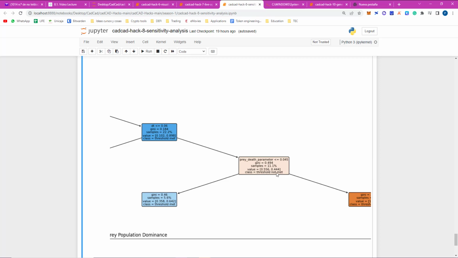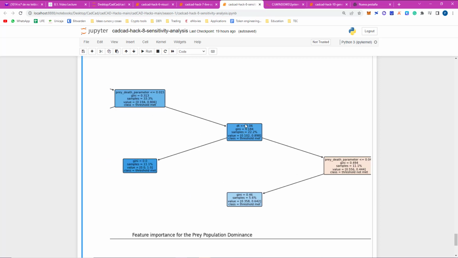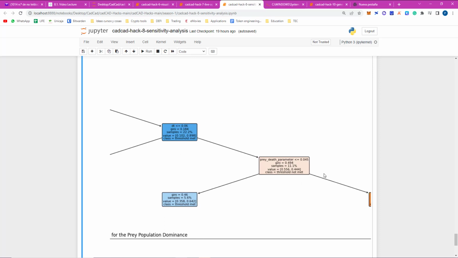But here it says it's not met. But when the prey death parameter is below 0.045, so from this 11% that is extra from DT being above 0.06, that part is divided, but in general the threshold is not met.